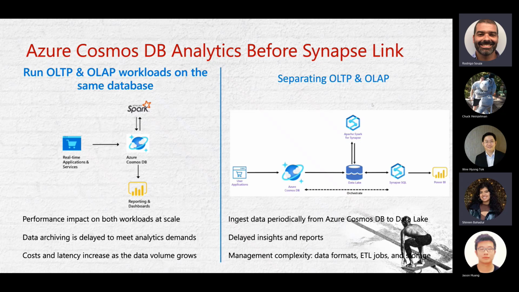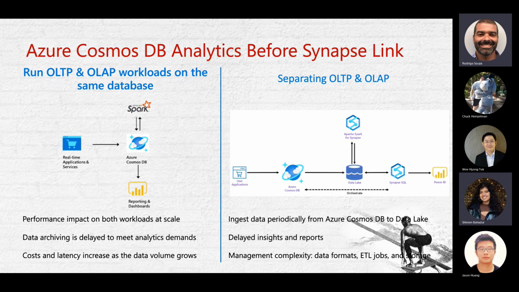So, how could customers do analytics on Cosmos DB before Synapse Link? On the left, we can see an example of how customers were running OLTP and OLAP workloads on the same database. This minimalistic implementation brings a couple of challenges.